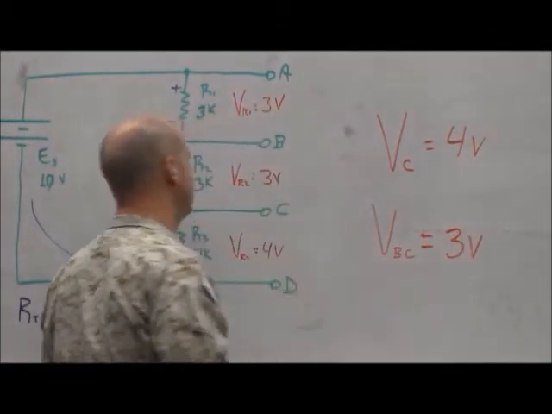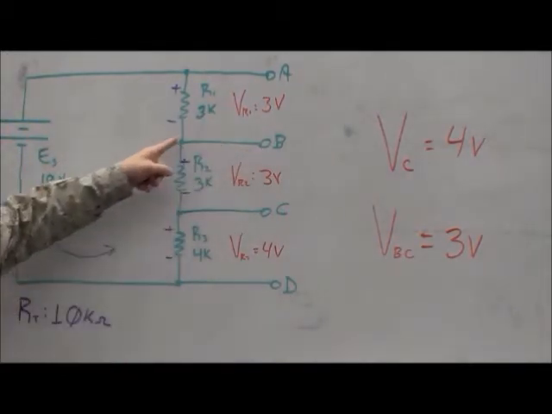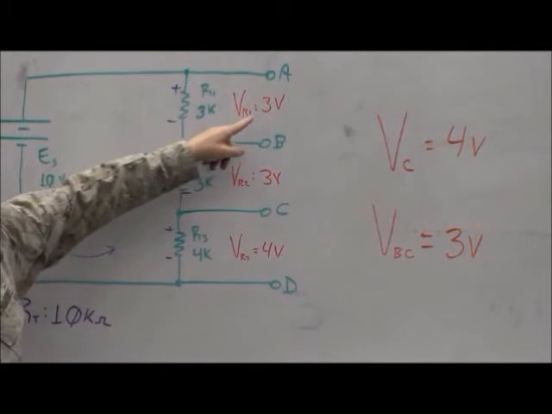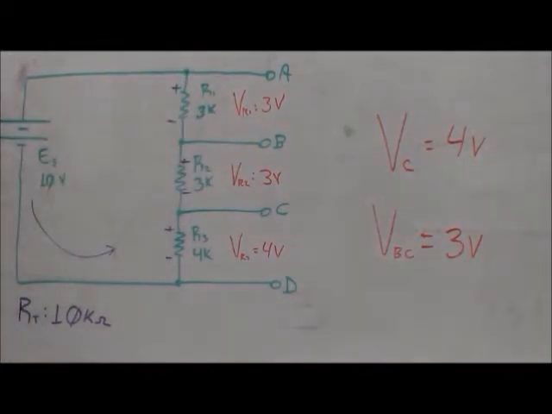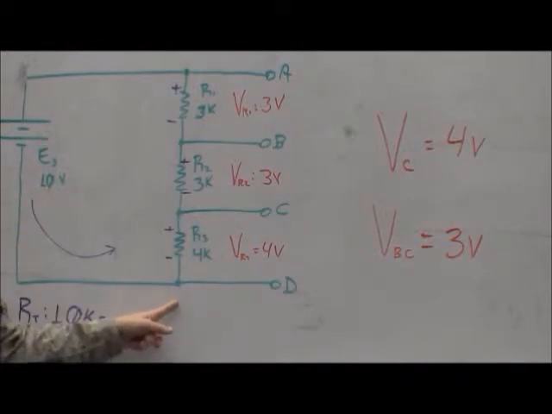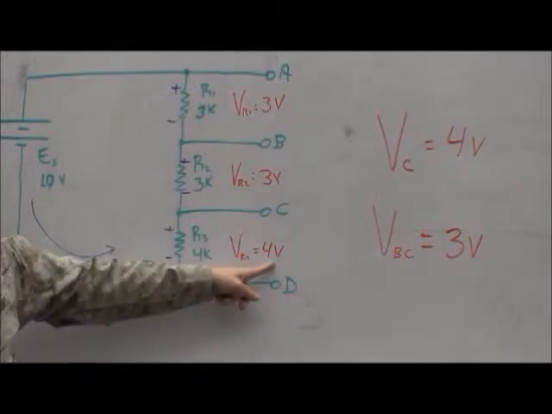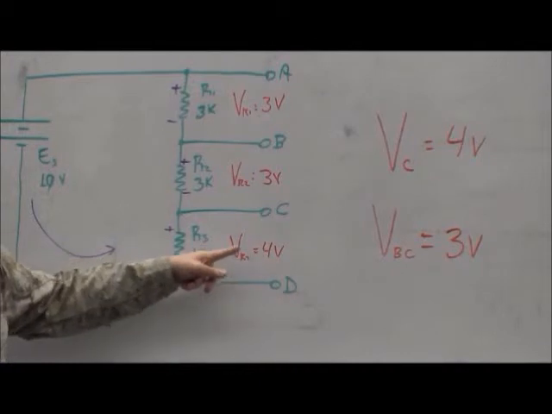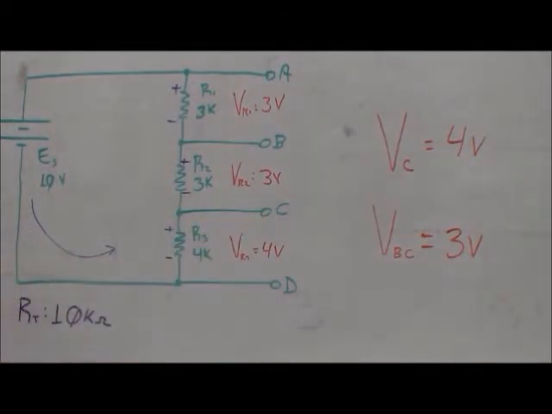Can I go the other way? Okay. B, node, negative 3, node, around, positive 10. What am I at now? Positive 7? Positive. Okay. Negative 4. Now I'm at positive 3. Node, and then there's C. So it works both ways.